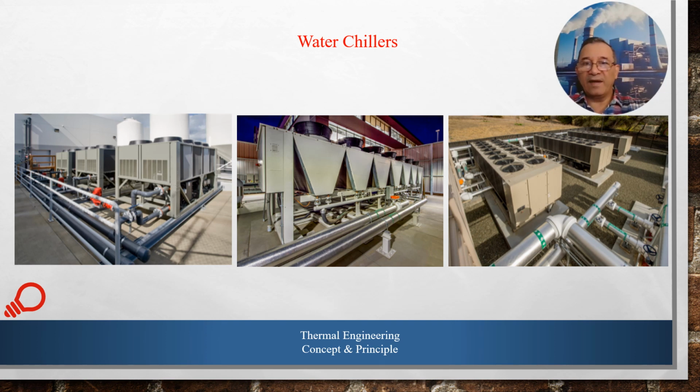That means a water chiller is a thermal cycle composed of many components, and we are going to describe that in the next slide. But we have to think about the range of temperature.